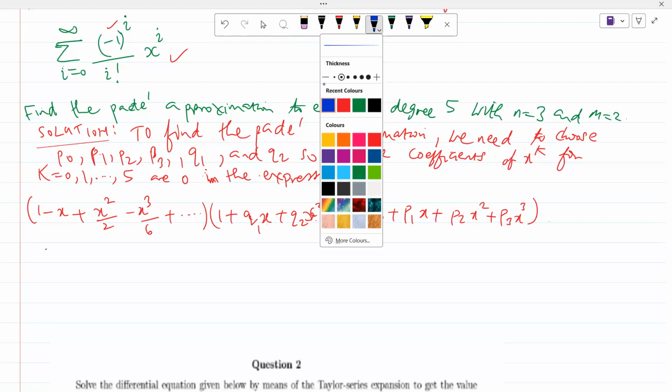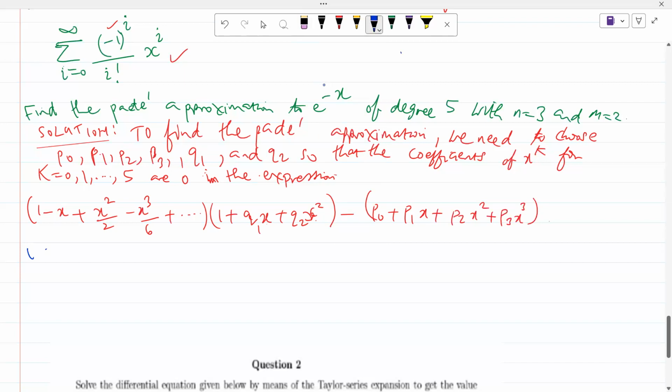Right, so expanding and collecting terms.